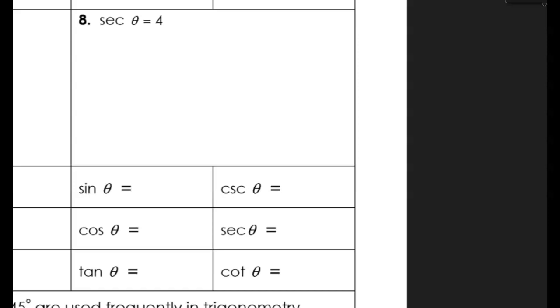Again, what this wants me to do is take this trig function and use it to find the rest of the functions. Anytime you're dealing with trig and there isn't a triangle drawn, you need to draw that triangle. So that's what I'm going to do first. I'm going to draw a right triangle.